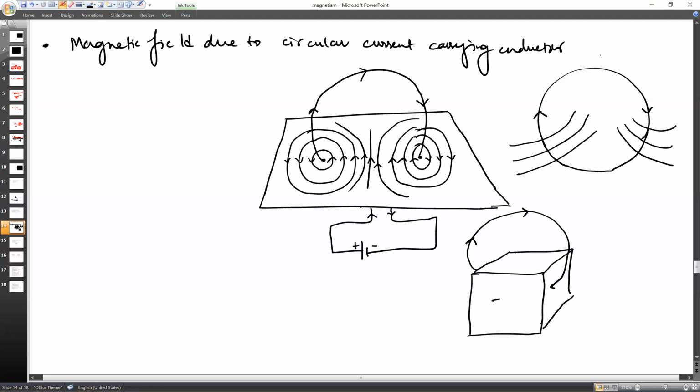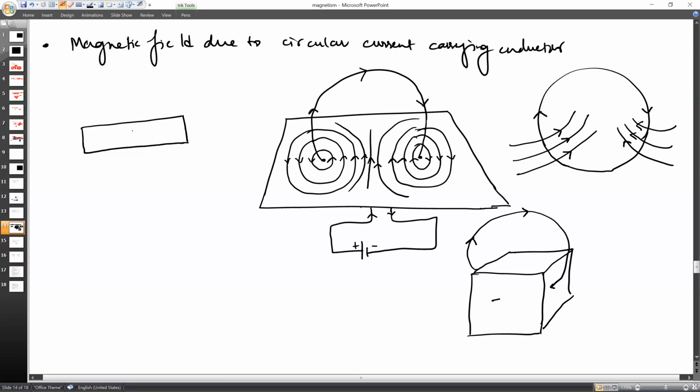Which pole is it? If it is circular, just imagine that this circle is on your screen and the magnetic field lines are entering.